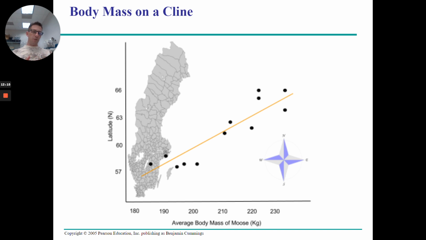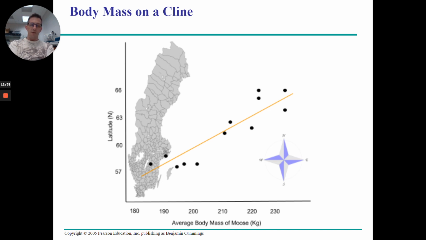But another thing, if you remember back to surface area to volume ratios, if you decrease your surface area to volume ratio, you will decrease the amount of material or energy that will flow out of you.